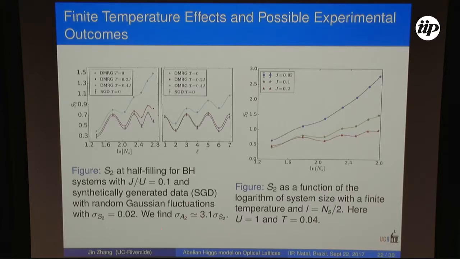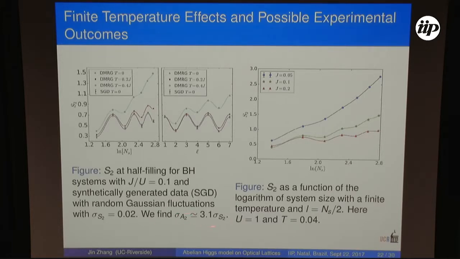Actually this is for one situation. We did many, many cases. We did a linear fit to get this. This is not shown here.